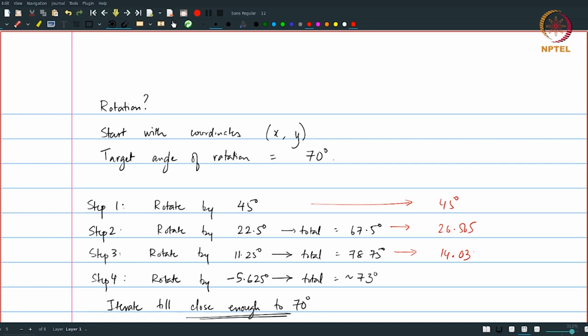Would I still be able to get the same kind of convergence to the final angle that I had in the previous case? It turns out that yes, you can, because after all the angles that we are rotating by are always greater than or equal to the half of the previous angle that we considered.